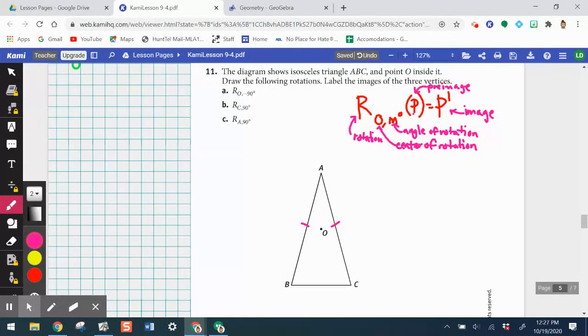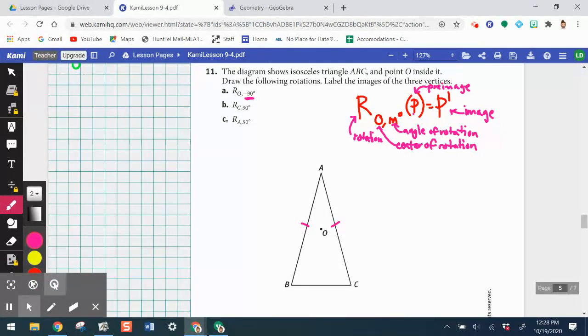Well, they just throw you through a loop here because they start using these negative degree rotations. If you notice, none of A, B, or C are in fact using 270 degrees or 180, but they are introducing this negative 90 degree rotation. So let's speak on that.